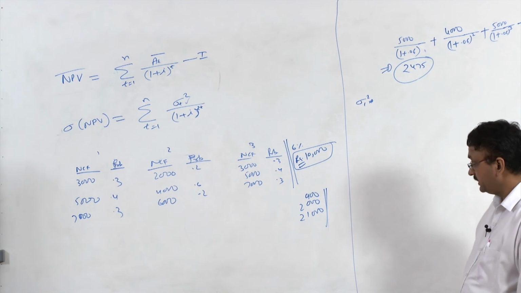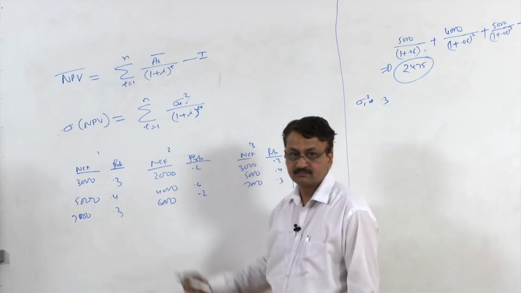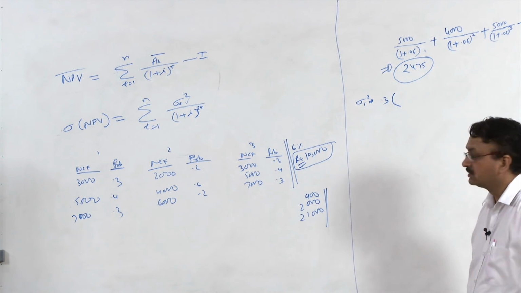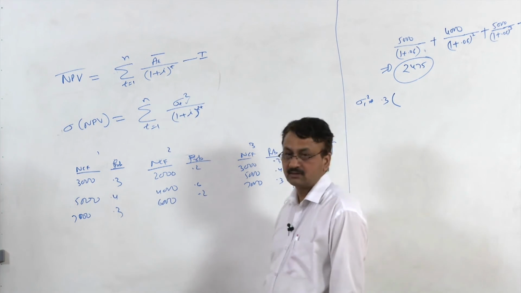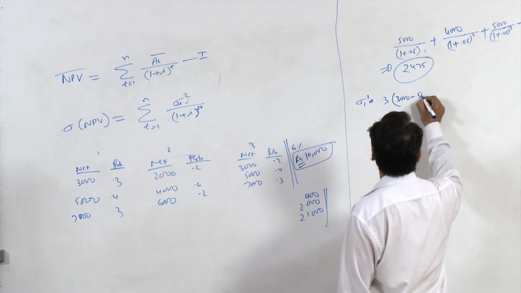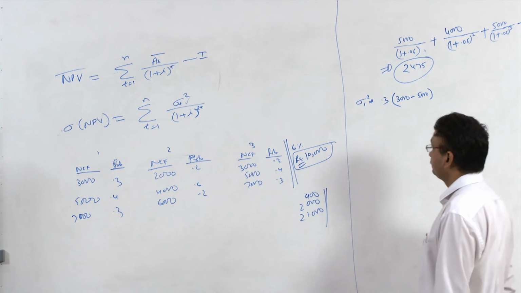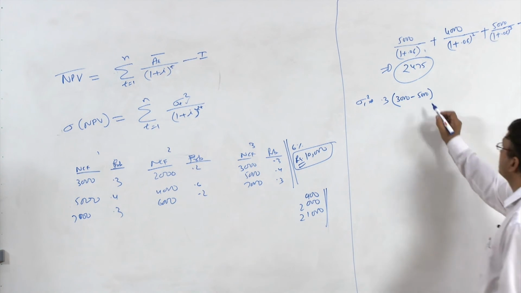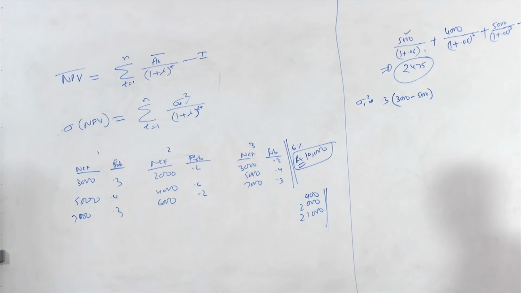There is a probability 0.3 into (3000 minus 5000) squared. What is this 5000? The expected cash flow in the first year, right?